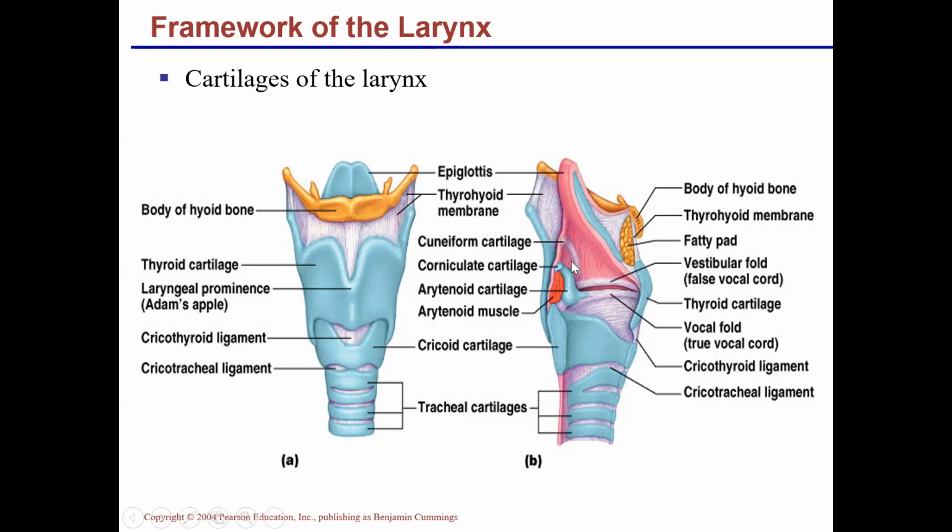Okay, so the last cartilage here we have is called epiglottis. You probably heard about epiglottis. Every time you swallow, epiglottis should close the airway here, close the voice box so the food can go down to the esophagus.